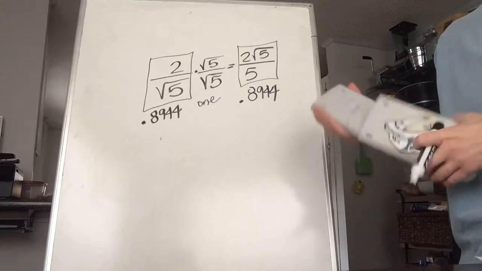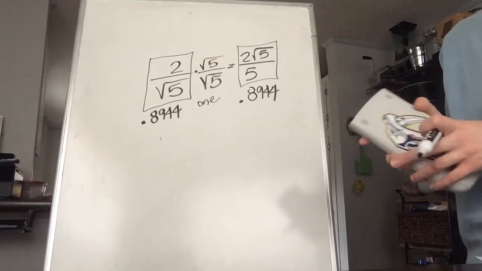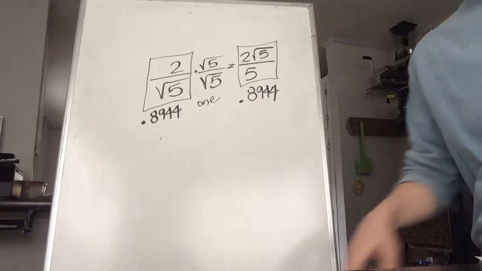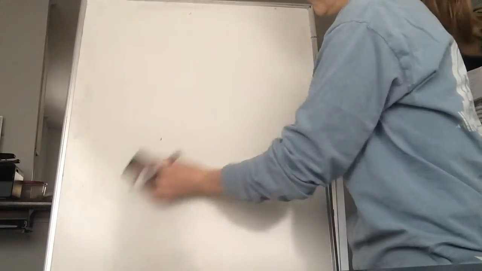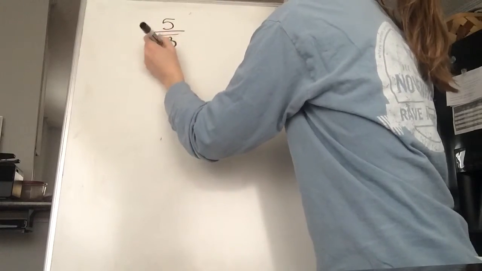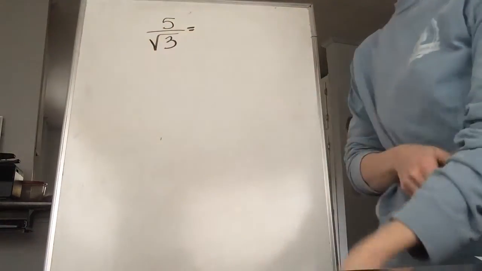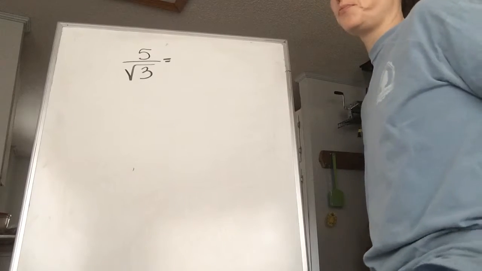Okay, number 3, when adding 2 fractions, we must first find A, the common denominator. Okay, number 4. So we're given 5 over the square root of 3. So we cannot have a radical in the denominator.